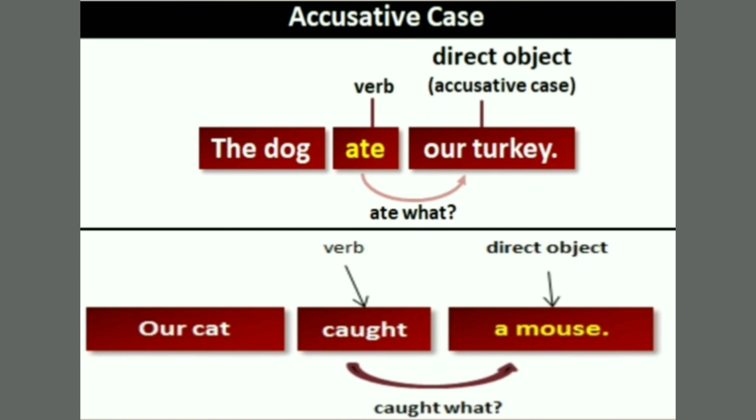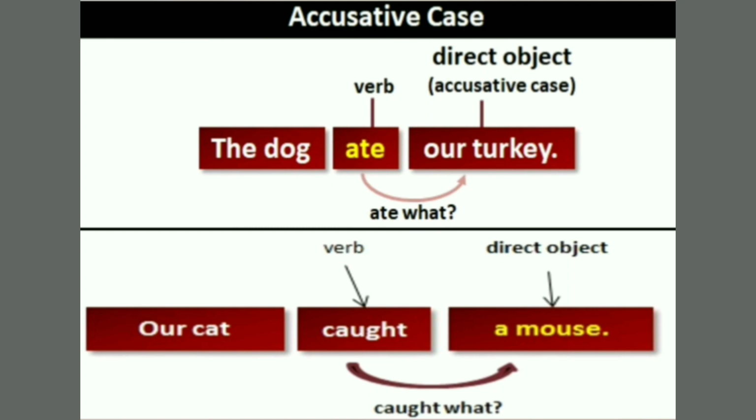Caught is the verb, and when we ask the question, caught what, we get the answer, a mouse. Here, our turkey and a mouse are the direct object.